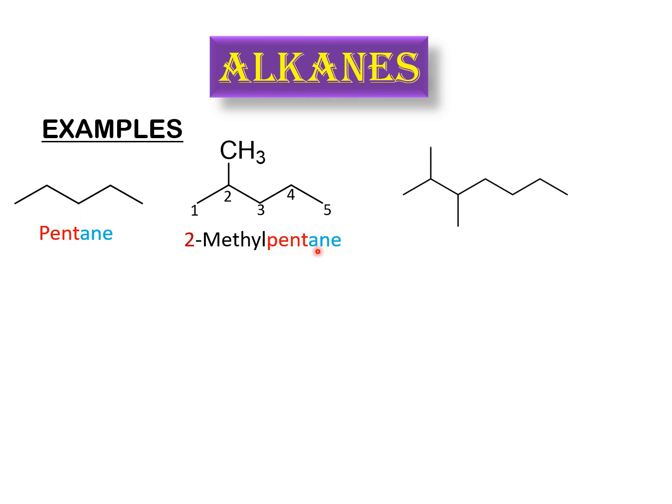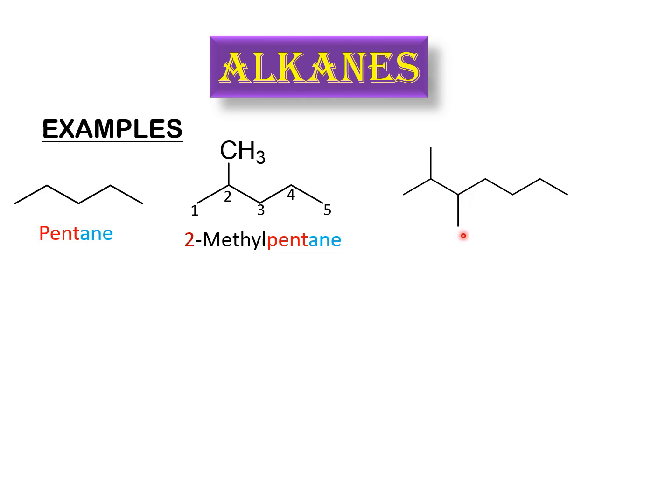Let's see another example. Now we have a more branched molecule, so we can have many chains possible here. So we start off with the first one, 1, 2, 3, 4, 5, 6, 7. This chain has 7 carbon atoms. Then we have another chain, 1, 2, 3, 4, 5, 6.